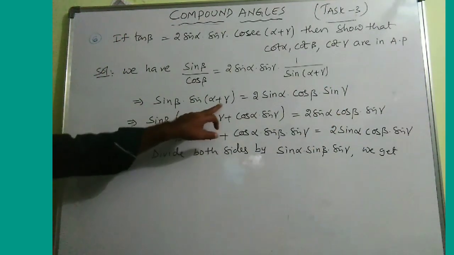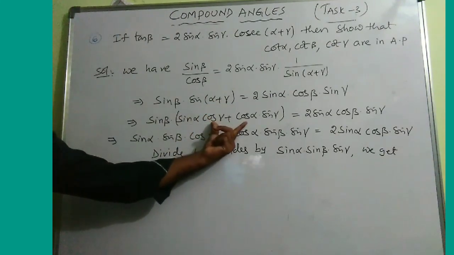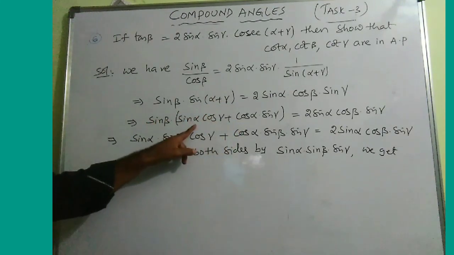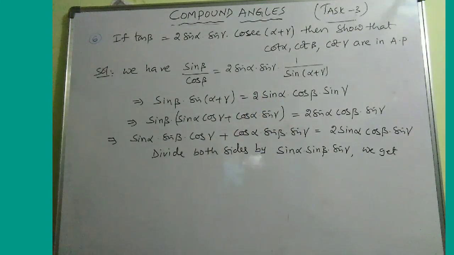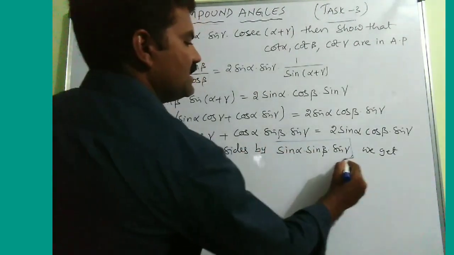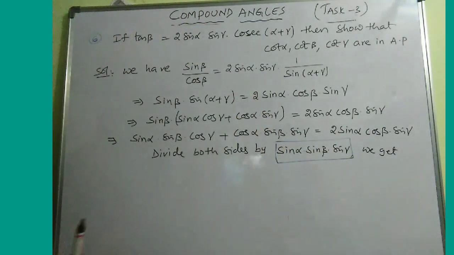Now expand the sin of alpha plus gamma and multiply these terms. So this is the result after multiplication. Now this step is very important. That is, both sides we need to divide by sin alpha into sin beta into sin gamma.